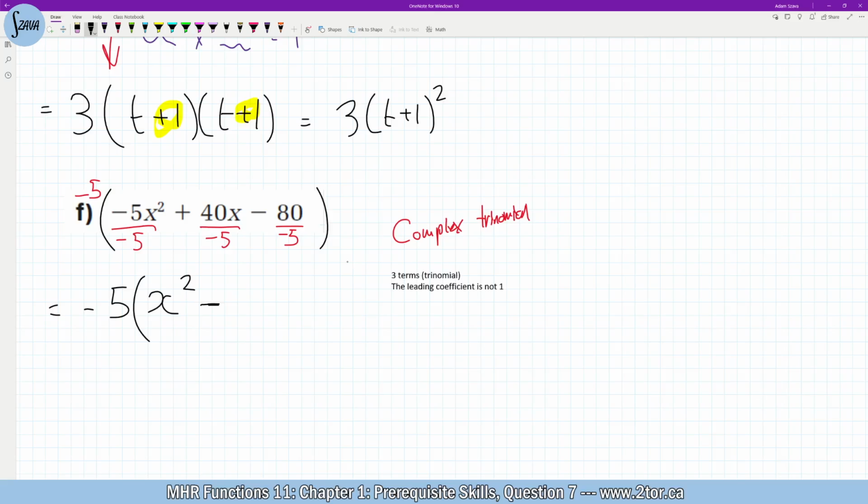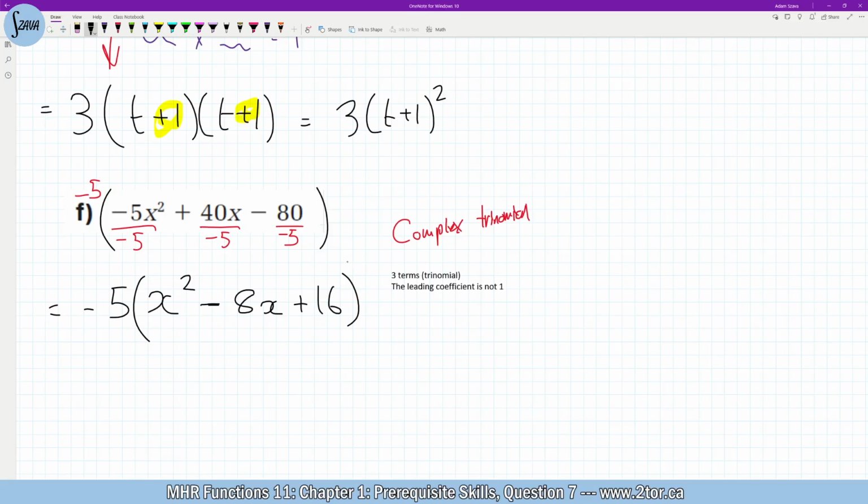That's for certain, right? And then from there, you just need to divide 40 by 5. And I don't want to make a mistake, so I'm just going to make sure that I get it right. Yes, it's going to be 8. So -8x. And then -80 divided by -5 is going to be a positive number, positive 16.